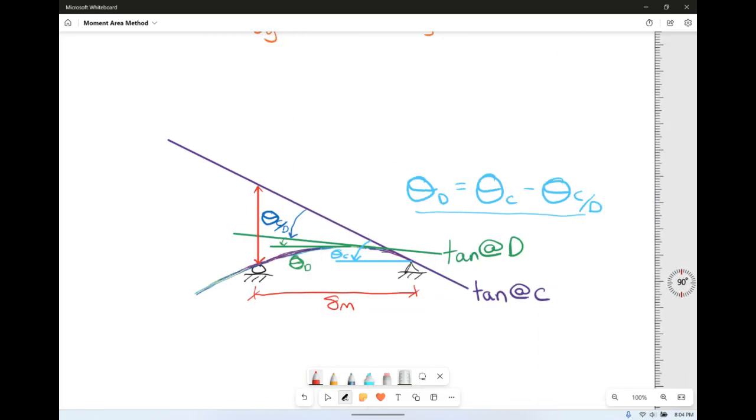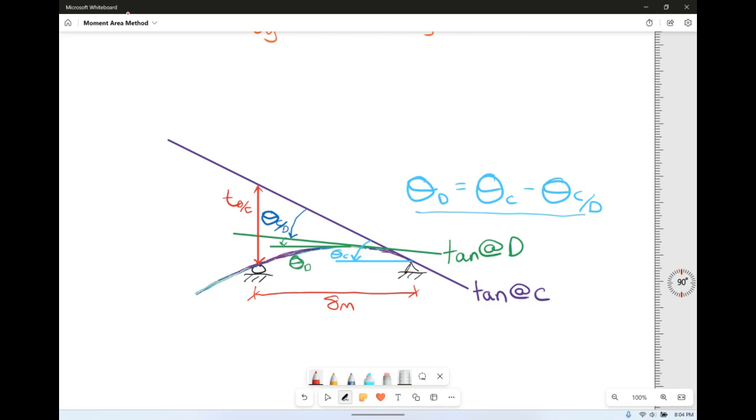Now this is the vertical deviation of point B, that's the roller down here, with respect to the tangent at C. That's how we do it.